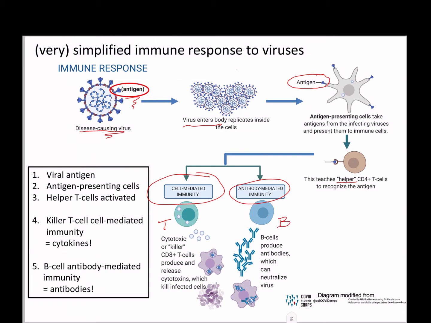It's the B cells that are going to produce antibodies, and it takes a while for them to do that. It's going to take 2 or more weeks for the body to produce antibodies against that antigen. The cytotoxic or killer T cells are also being activated against that antigen. They don't make antibodies, but they release cytokines. Cytokines are small molecules that can cause inflammation.